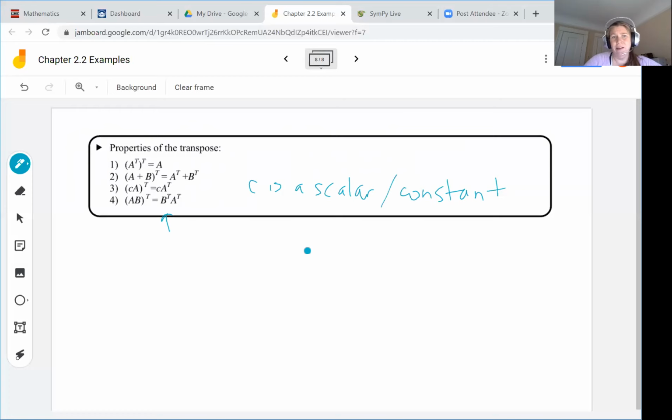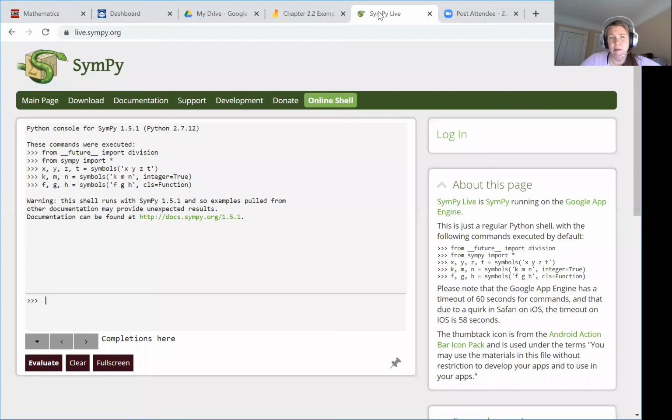So let's head into Sympy and verify some of these properties. All right, I'm going to enter matrix A. So A is going to be the matrix we were working with.